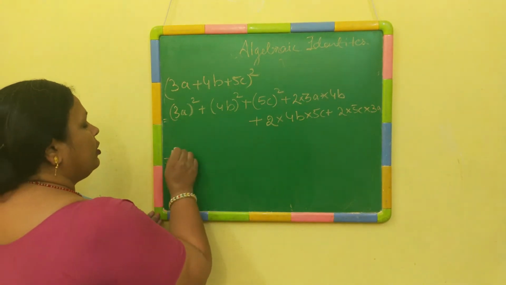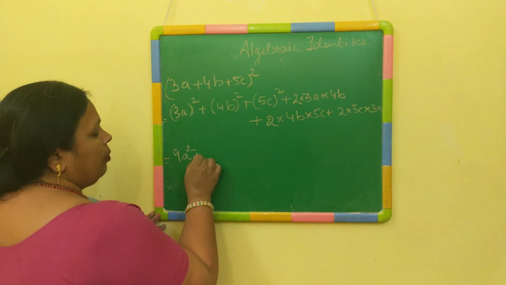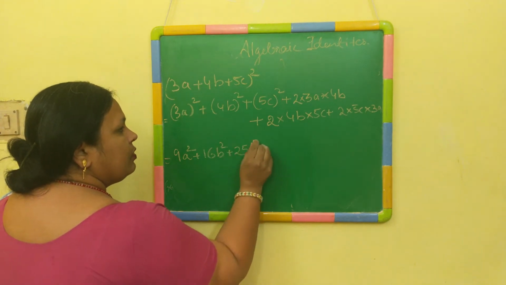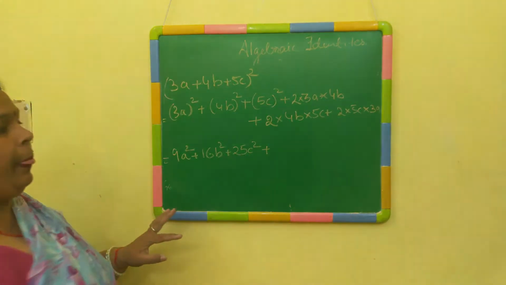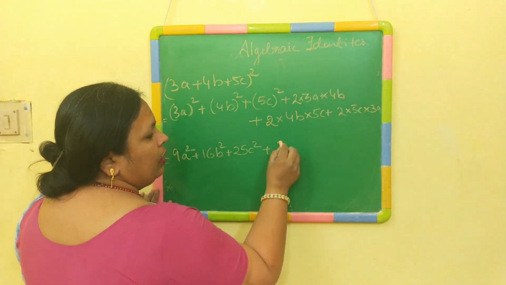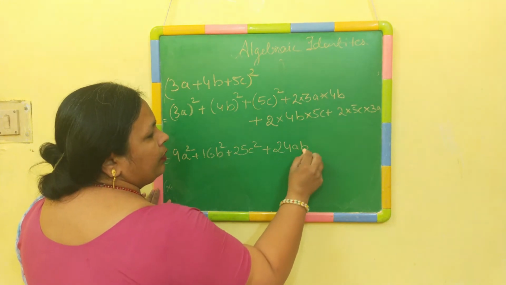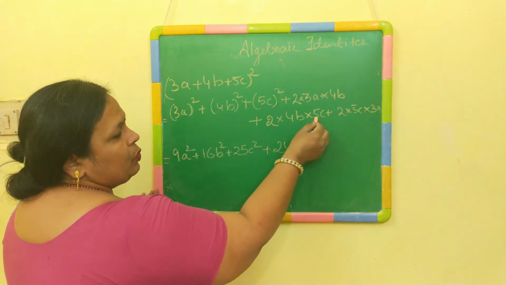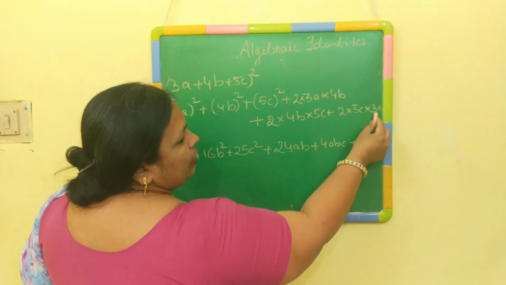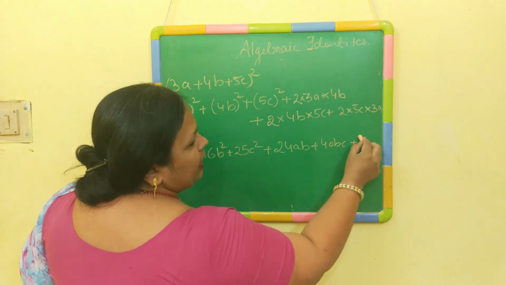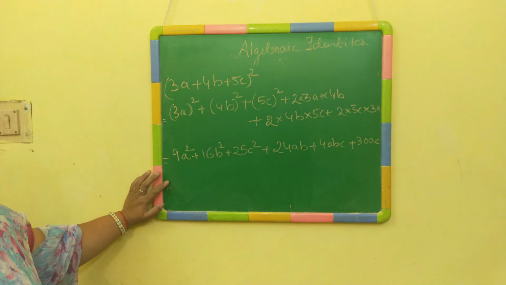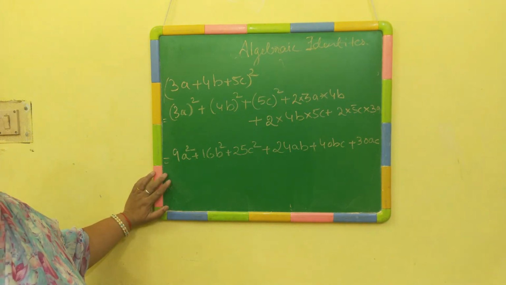So this becomes 9a square plus 16b square plus 25c square plus 2 3s are 6, 6 4s are 24ab plus 4 5s are 20, 2 20s are 40bc plus 3 2s are 6, 6 5s are 30ac. That's all. The application of the fifth identity we have done.